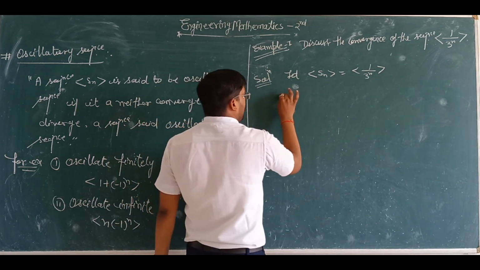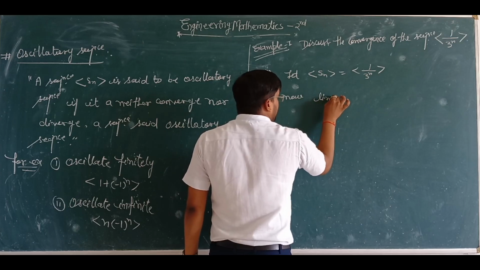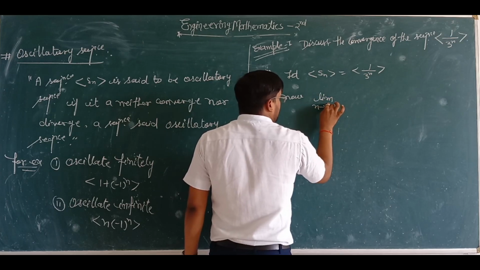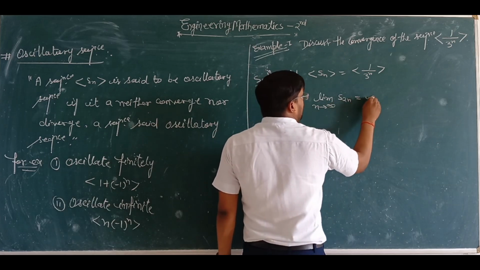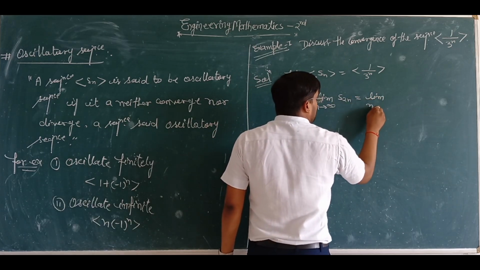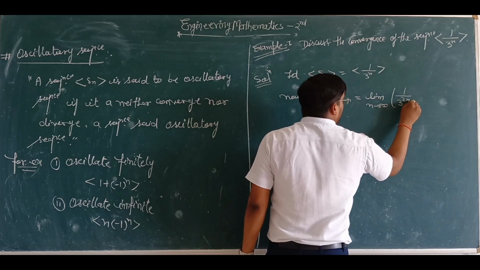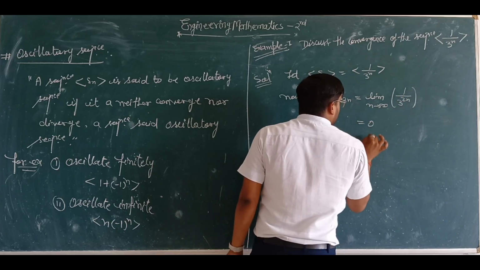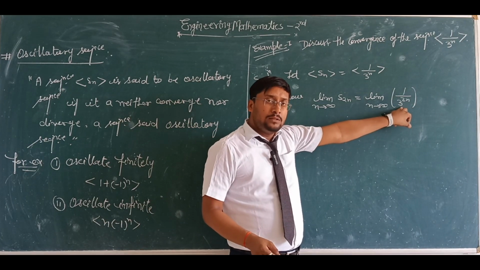Now to find the limit as n tends to infinity of S2n, you can write limit n tends to infinity 1 upon 3 to the power 2n, and the value is 0.